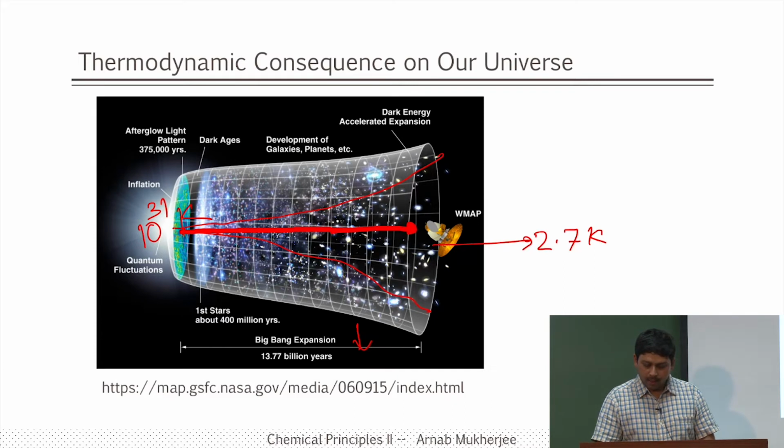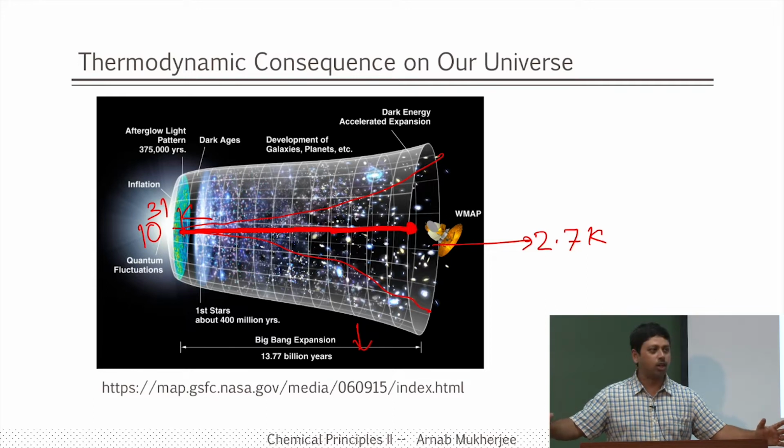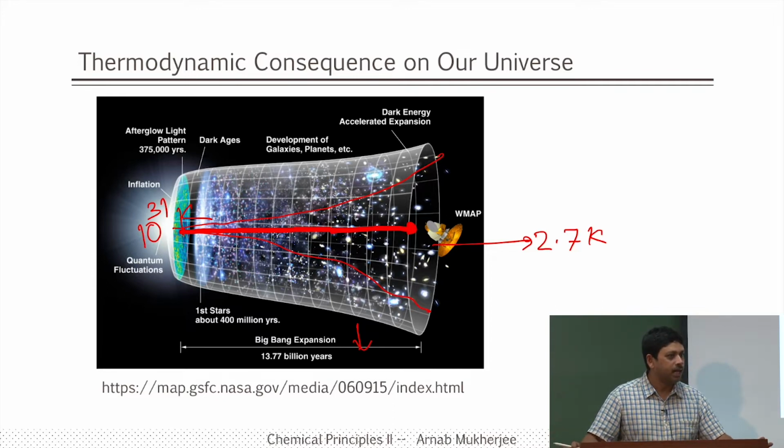So, the fact that the universe cooled down, and the fact that it expanded from a point to this 100 billion light years long universe, has to do with the principles of thermodynamics also. We will come to know about that and appreciate this fact later on when we know more about thermodynamics.